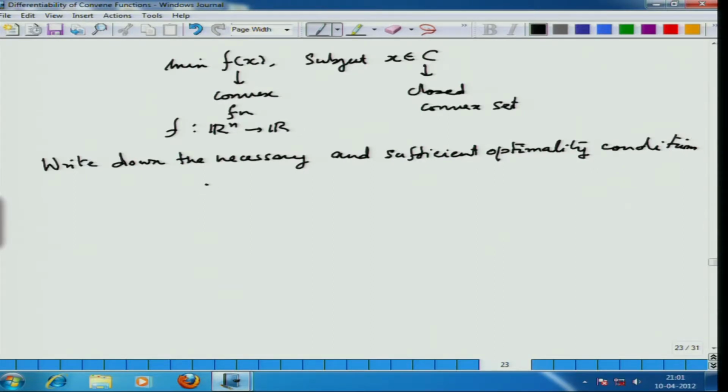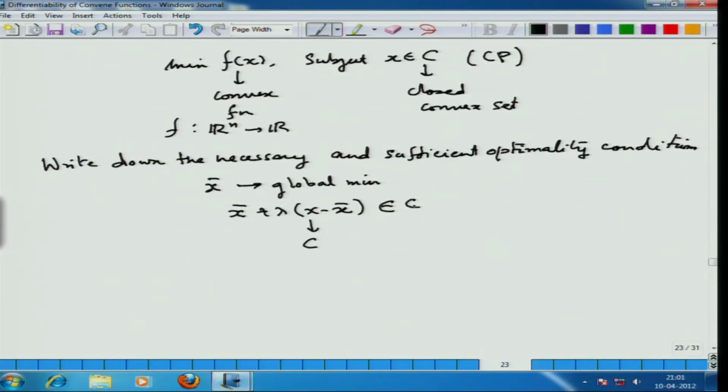Now, if x bar is a global minimum, so this is my problem CP which I had already written, convex programming. So, x bar is the global minimum. Consider x bar plus lambda times x minus x bar, where x belongs to C. Then by convexity of C this belongs to C, and by the global optimality of x bar, this is greater than or equal to 0.